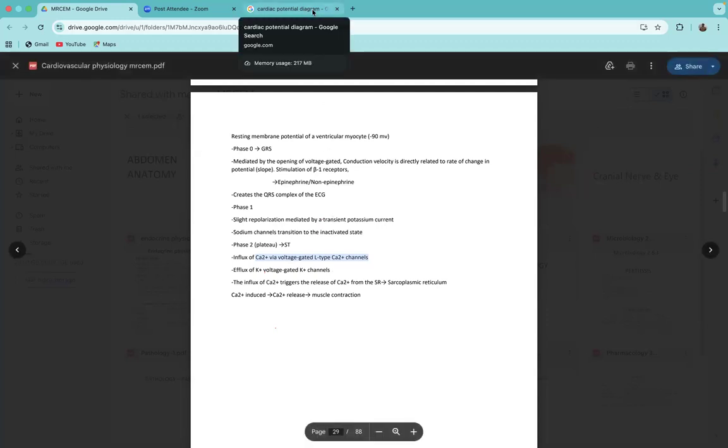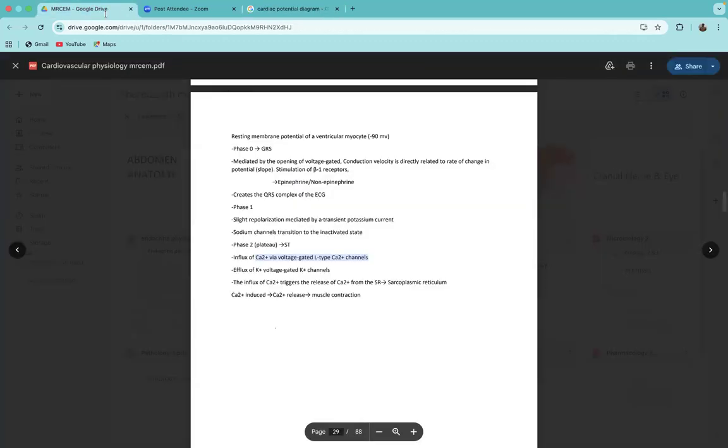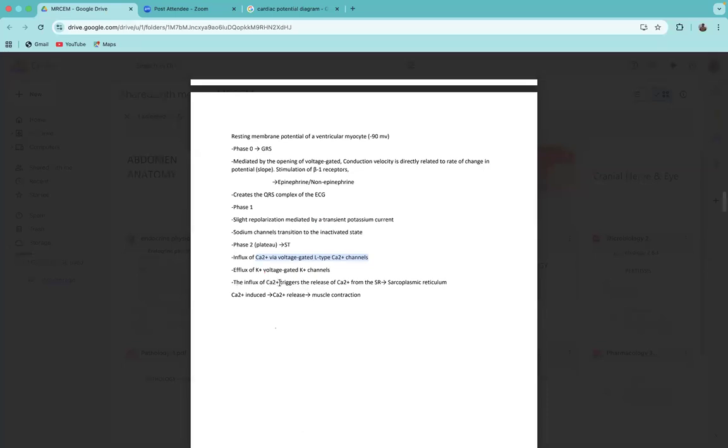In this plateau phase, calcium is moving into the cell. So when the calcium moves in, there is a calcium deficit, so the sarcoplasmic reticulum has to release some calcium. So this is basically the calcium mediated calcium release.